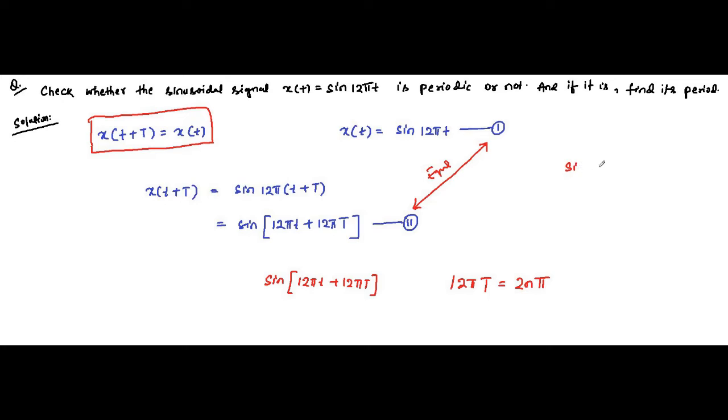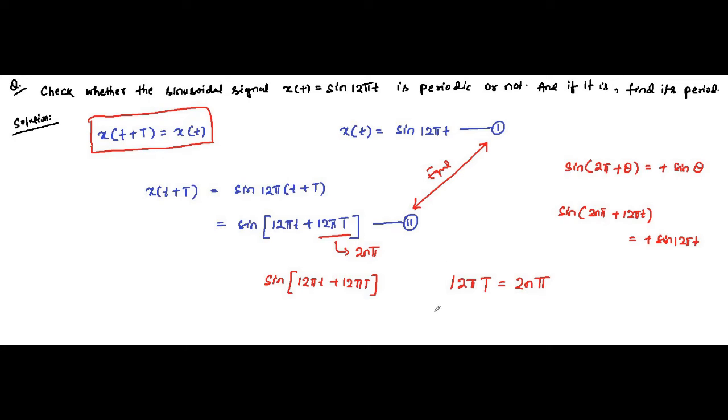Because we know sin(2π + θ) is equal to sin θ, like we did in the previous question also. So when this portion becomes some multiple of 2π, we have sin(2nπ + 12πt), which is equal to sin(12πt).